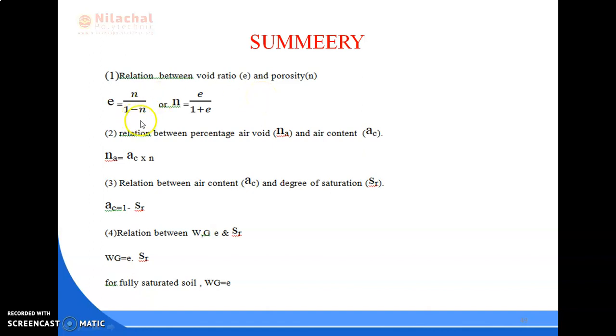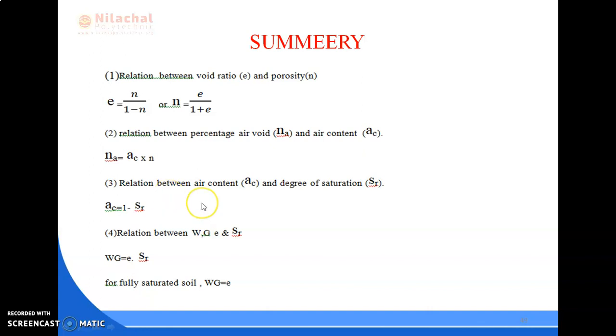The relation is e equal to n by 1 minus n, or n equal to e by 1 plus e. Number 2, relation between percentage air voids na and air content. So na equal to Sc into n. Here I don't like to discuss anymore, as all the relationships were derived in previous lectures.